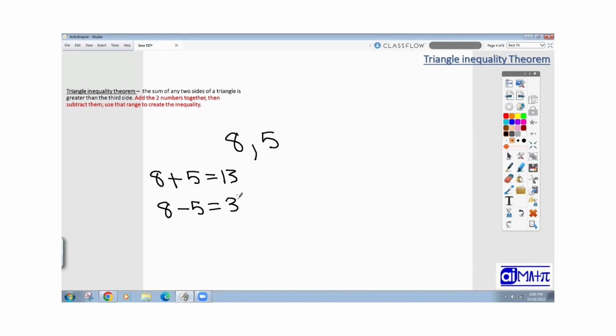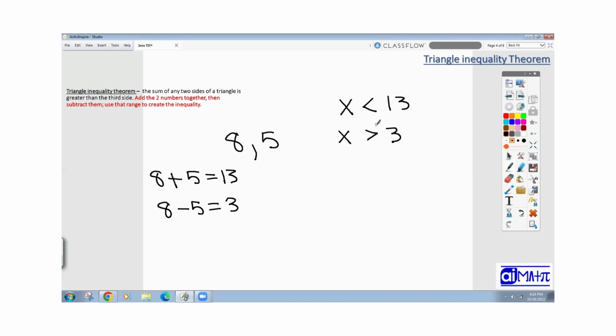What this does is define a range for you. So the number cannot be smaller than 3, but it cannot be larger than 13. So I would create an inequality that says x is less than 13. Then I would create another one that says x is greater than 3.